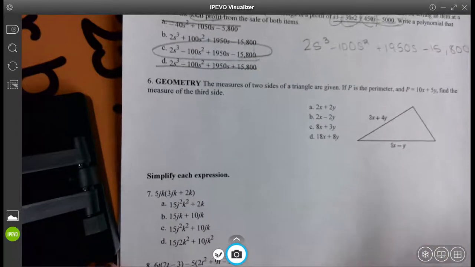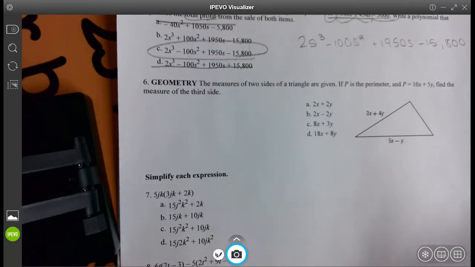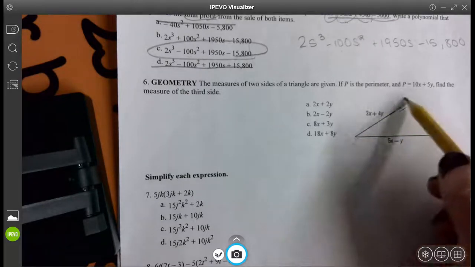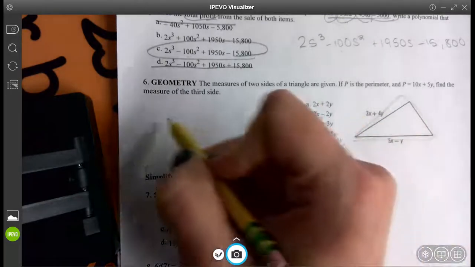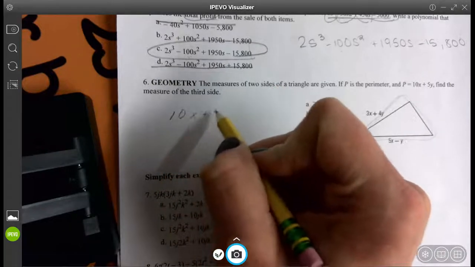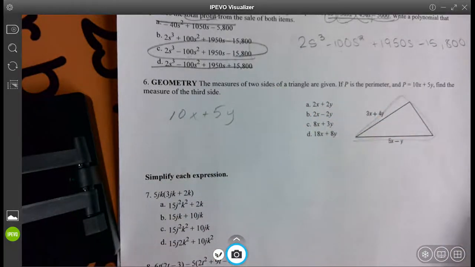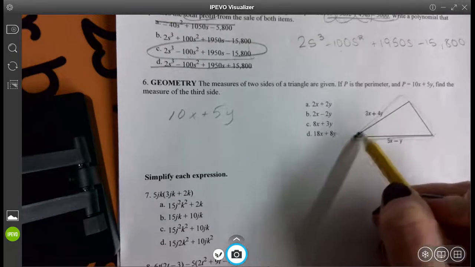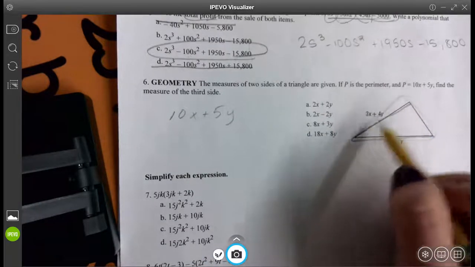Number 6, if the measures of two sides of a triangle are given, okay, and P is the perimeter, it's saying if I add up all the sides, the perimeter should be 10x plus 5y. What is it currently? Well, it's a 5x and a 3x, so it's currently an 8x.